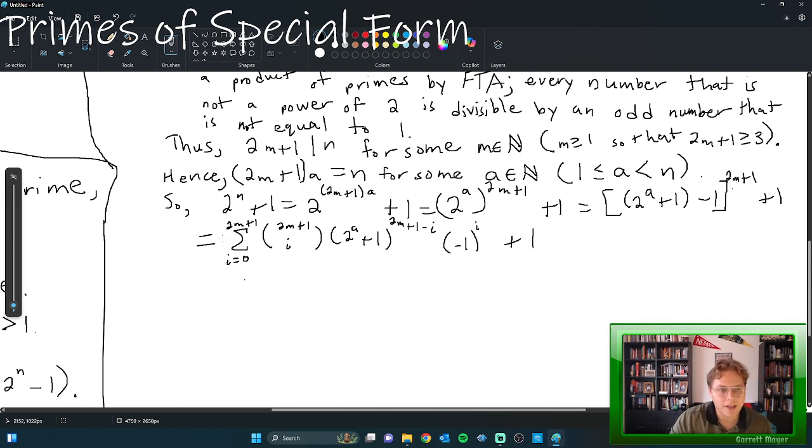It's very long, but this will ultimately reduce down and make it so that we can prove what we're trying to prove.